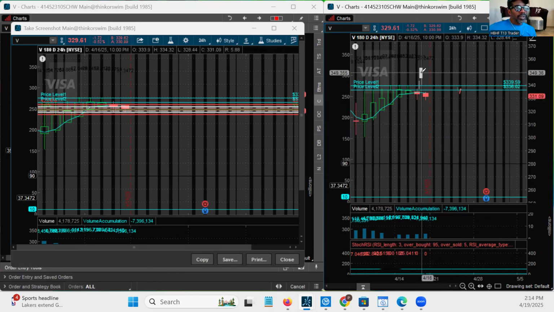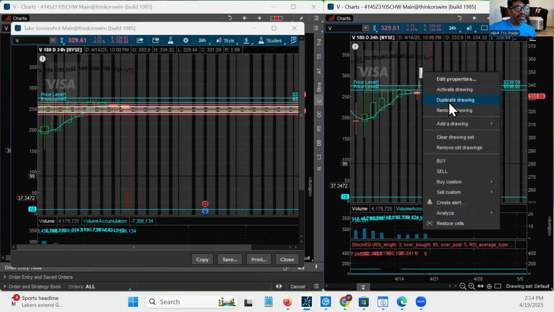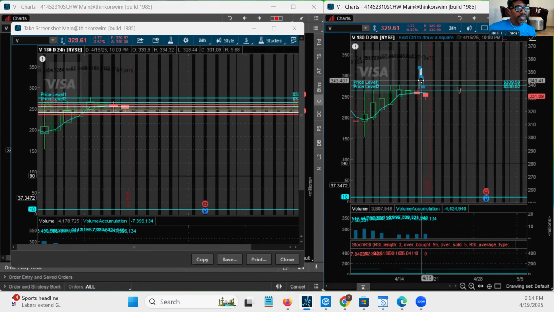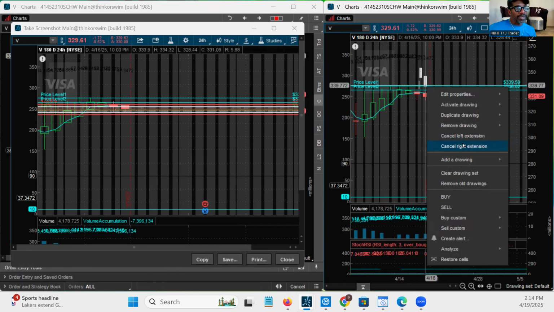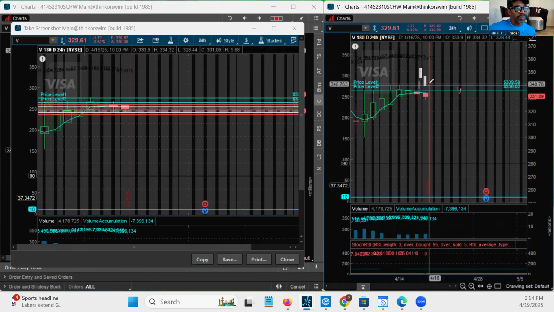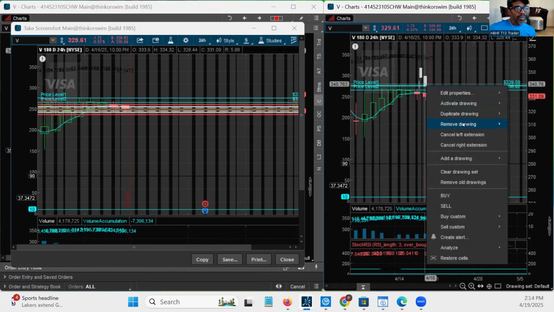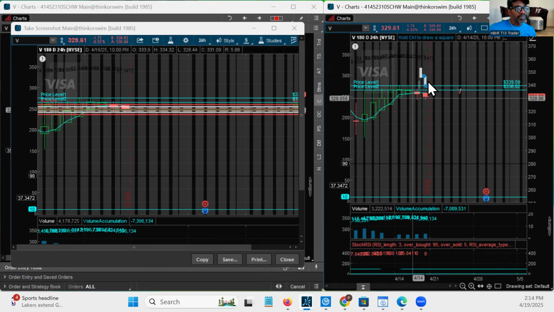Well, it's going to start establishing these candles. These candles are going to form, and this is what you're looking at, establishing higher highs. The market is going up.